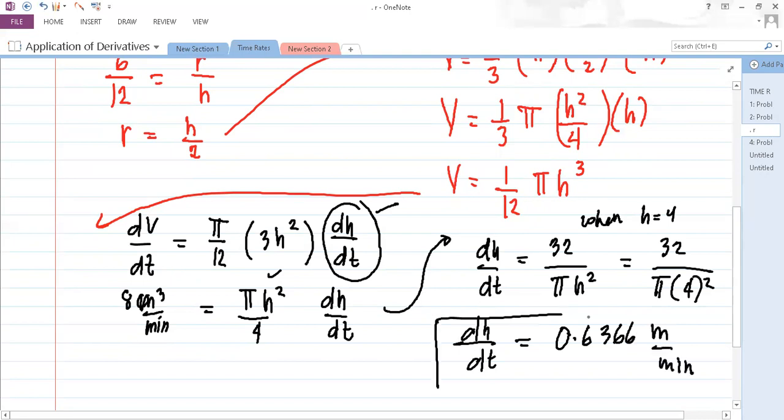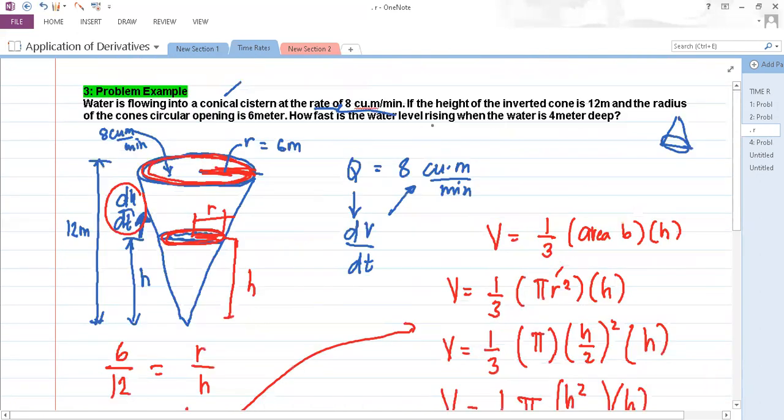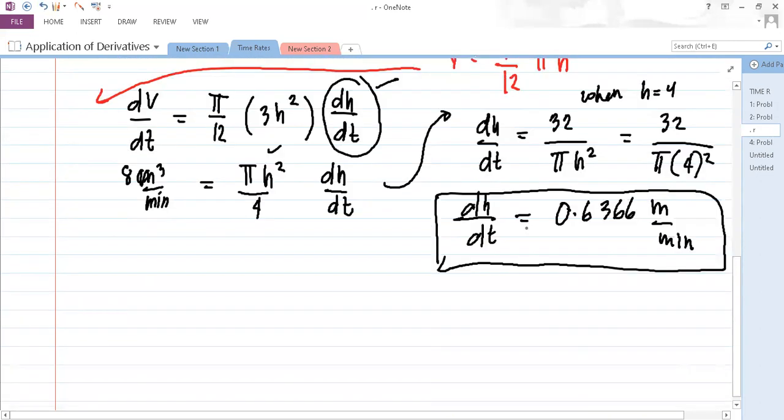So this is the rate of the water rising when the water is 4 meters deep. So our answer here is 0.6366 meters per minute.